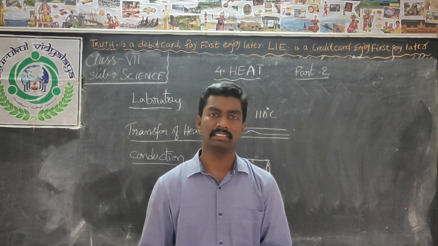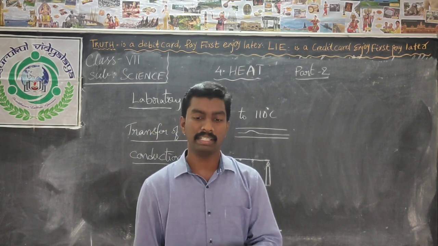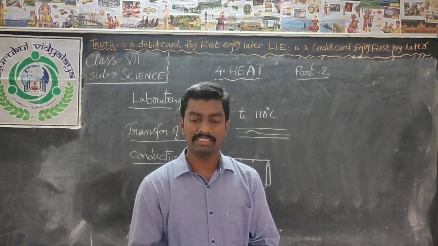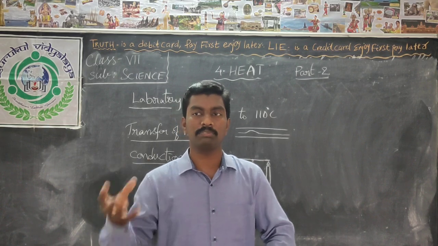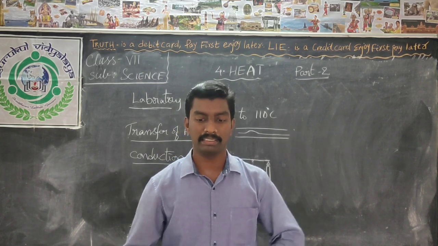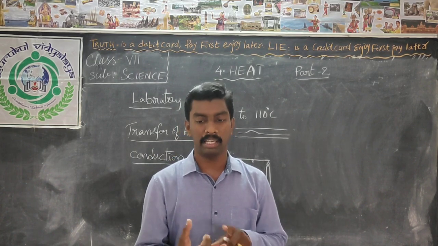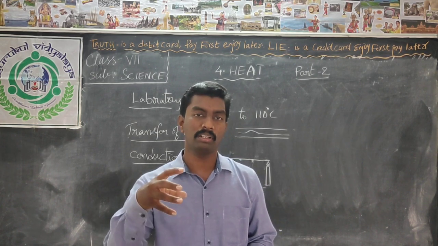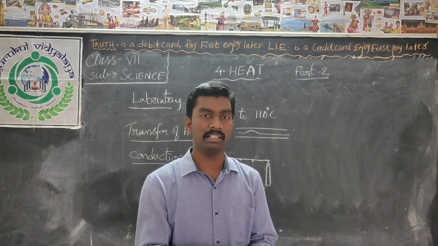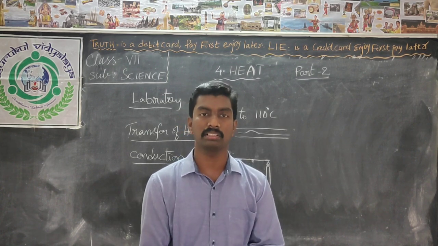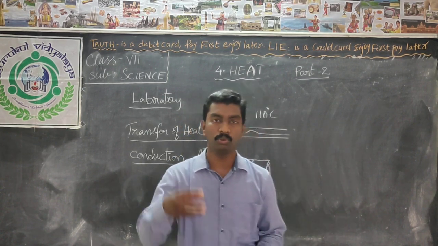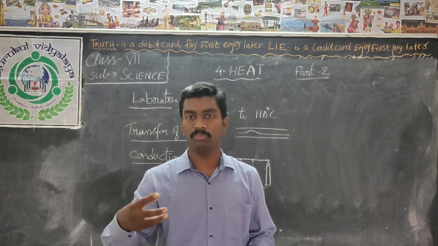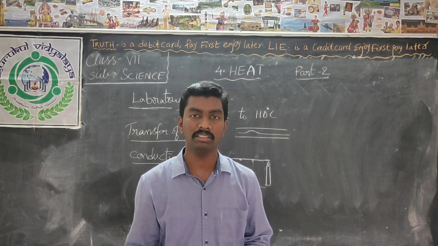To understand this, we can do another activity by taking one glass beaker filled with hot water. Place different types of objects into the beaker, for example, one pen, one pencil, eraser, sharpener, one scale. After some time, if you take those articles out and touch them, will we feel that the objects are hot?